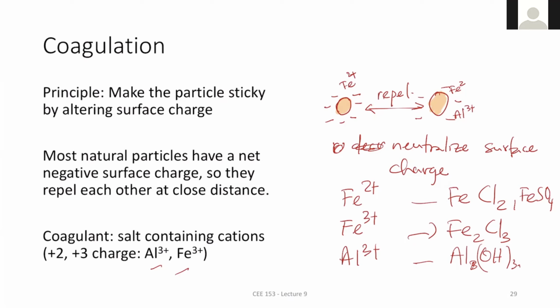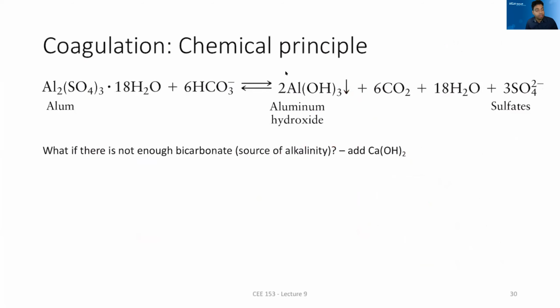Okay, that's good. All right, so that means you are going to change the surface charge. That's why you are adding those things. So this is the process. One of the reasons aluminum is added as alum, which is aluminum sulfate, is this: you add alum, and the aluminum will precipitate with hydroxide in water, and that creates very fine tiny particles.